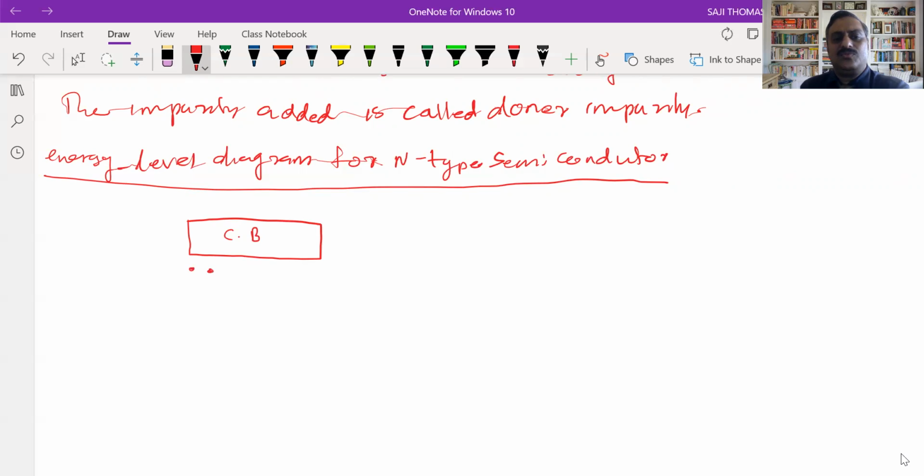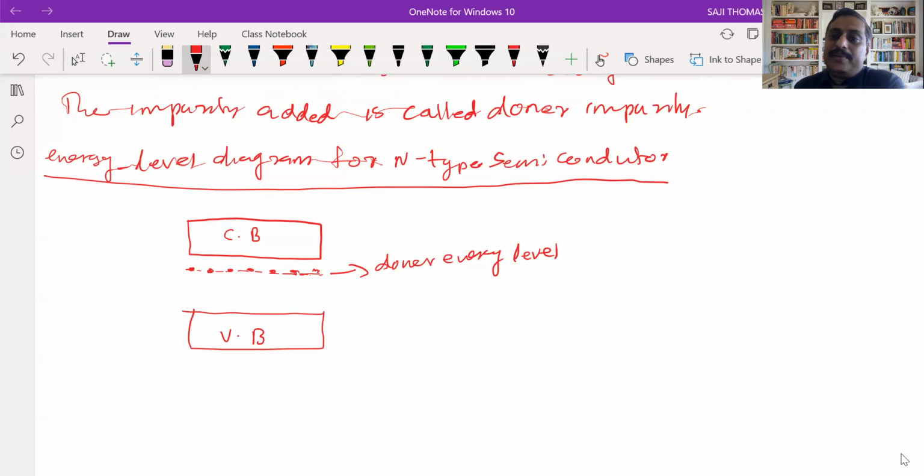See, donor electrons form an energy level just below it. This is called the donor energy level. Now I am drawing the valence band down.